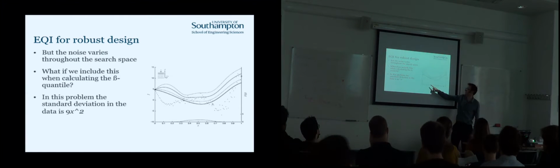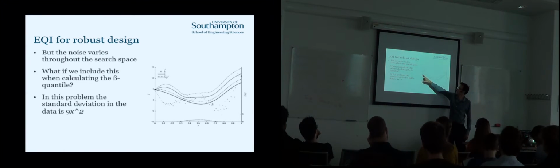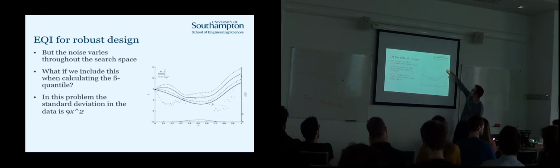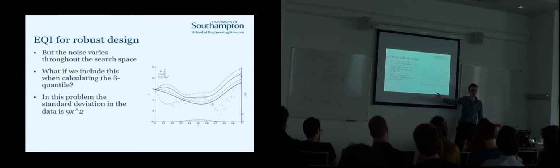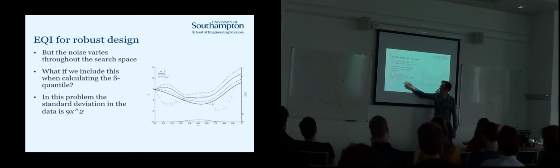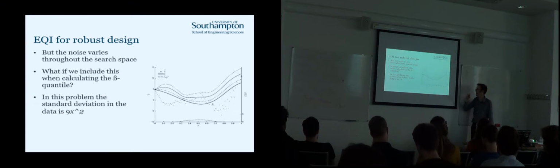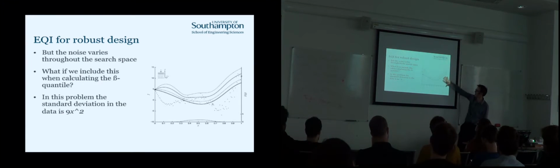Actually, what we would like to see is this error reduced to 0 here, because we haven't got any noise in our data there, and it to gradually get wider toward the end here, because this is where we've got much more error. Actually, we've contrived this problem here, so the standard deviation in our data is 9x squared. So we've got this gradual spread of data as we move through.